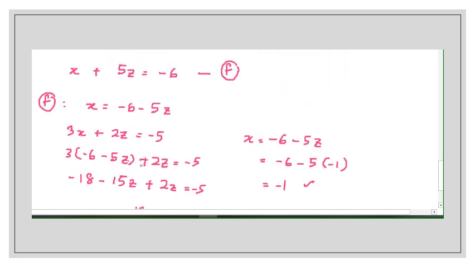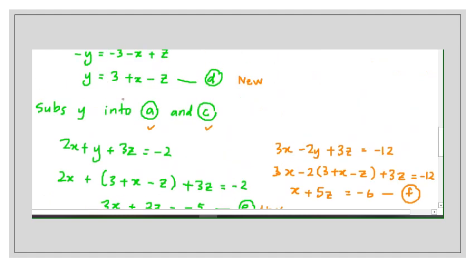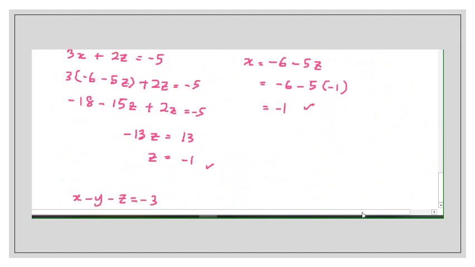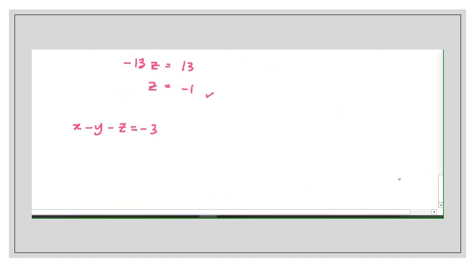Or you also can get from here, the value of y is 3 plus x plus z. Those are the same. Negative 1 minus y minus negative 1 equal to negative 3.